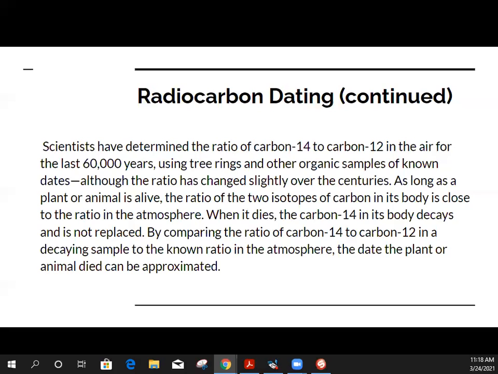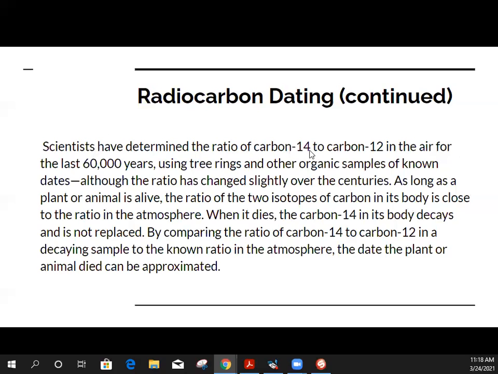So they could compare that to the carbon that decayed in the body or the plant or whatever to calculate how old it is, because we know the half-life of carbon-14, all right? And you could calculate that by just taking 2 of these isotopes over time and then writing a model, all right? So let me finish reading.